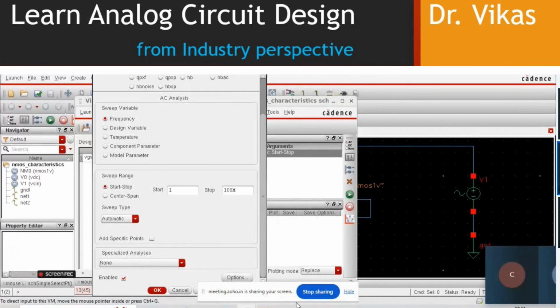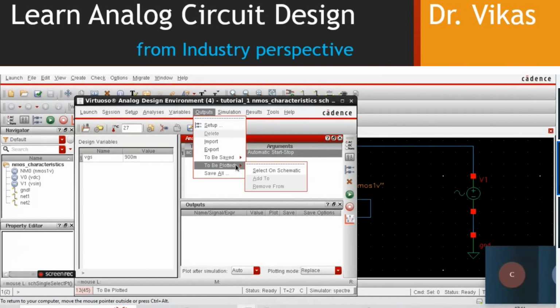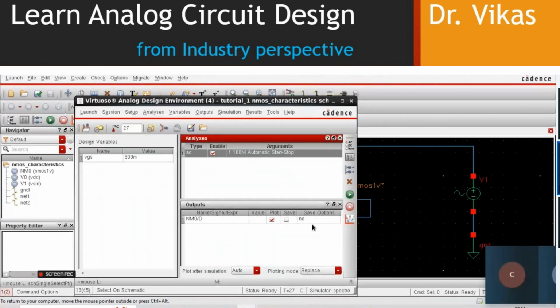And then the outputs to be plotted: I need to plot ID versus VDS, but with respect to frequency. Because I'm doing the frequency analysis, let's look at how this differs if I replace this AC source with a DC source.